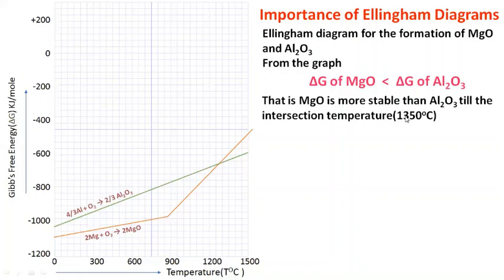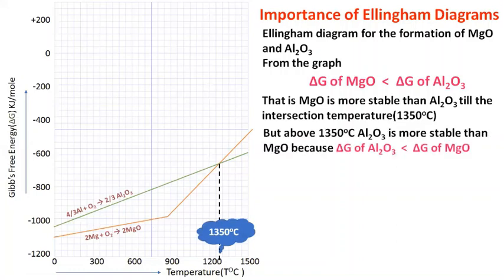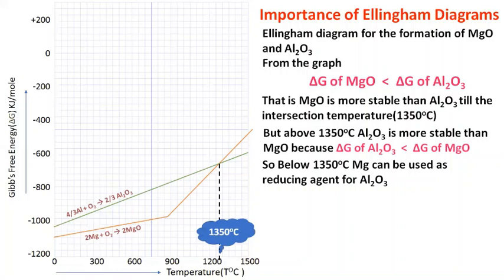Since magnesium oxide is more stable than aluminum oxide below 1350 degrees centigrade, we can use magnesium as a suitable reducing agent to reduce alumina, such that Al2O3 reacts with magnesium to produce aluminum.